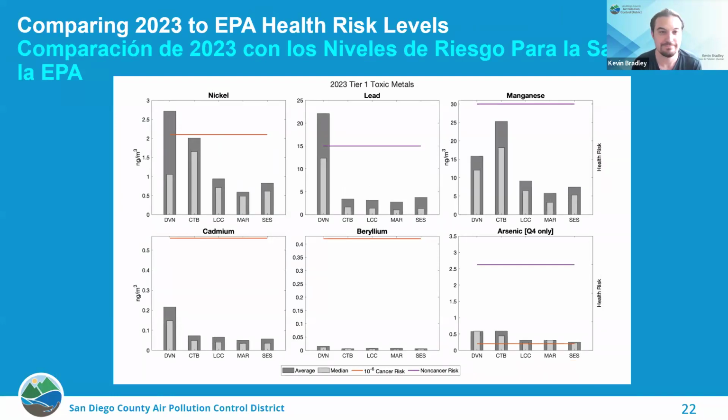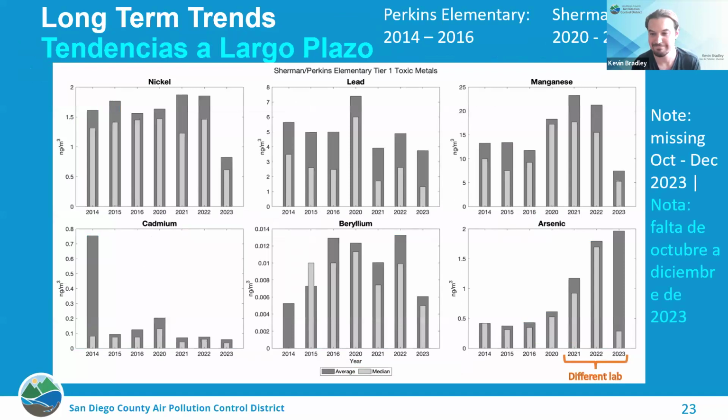Sorry, I got twisted around here. There we go. So is it fair to say that for nickel, lead, manganese, from 2020, in other words, when the sampling started at Sherman Elementary, we are seeing a steady decline, or a steady improvement, I guess would be a better way of saying it, in the levels of these chemicals?